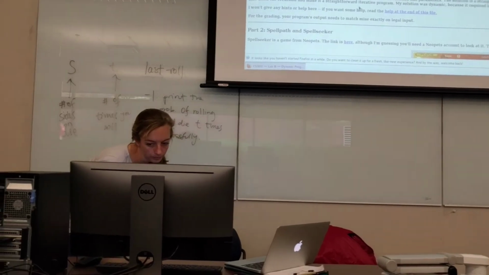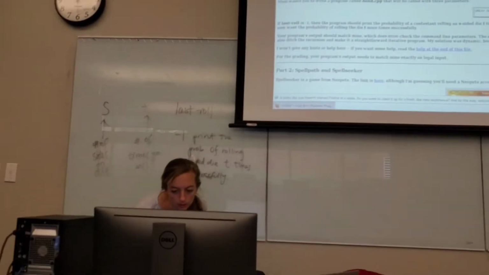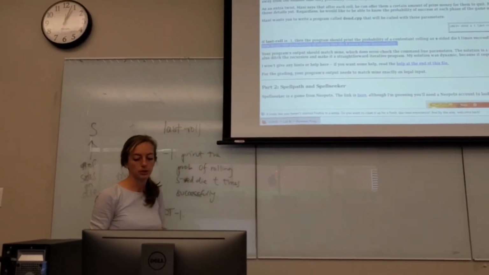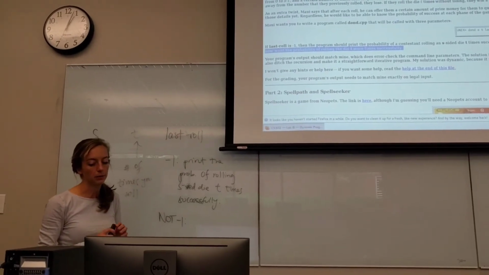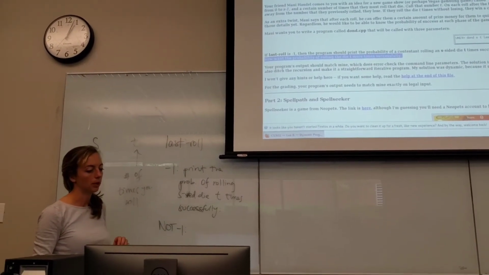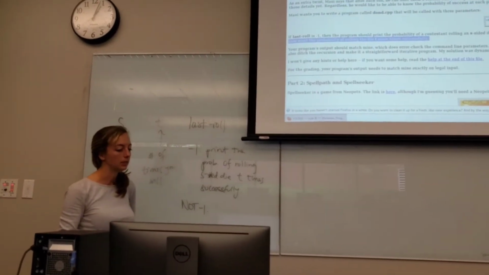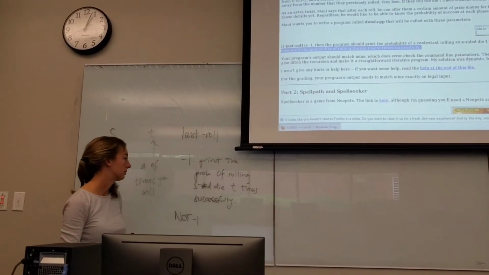If it's not -1, it's going to assume that the contestant has rolled the value in last roll, and we now want the probability of rolling the die T more times successfully.